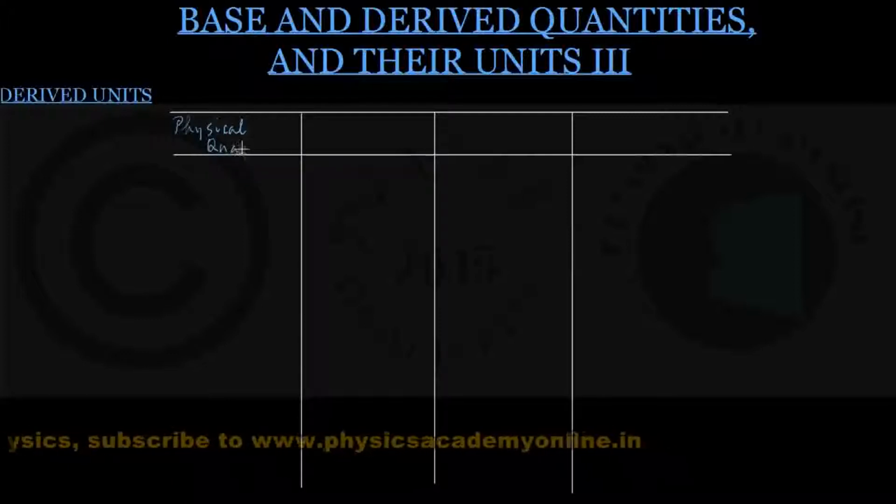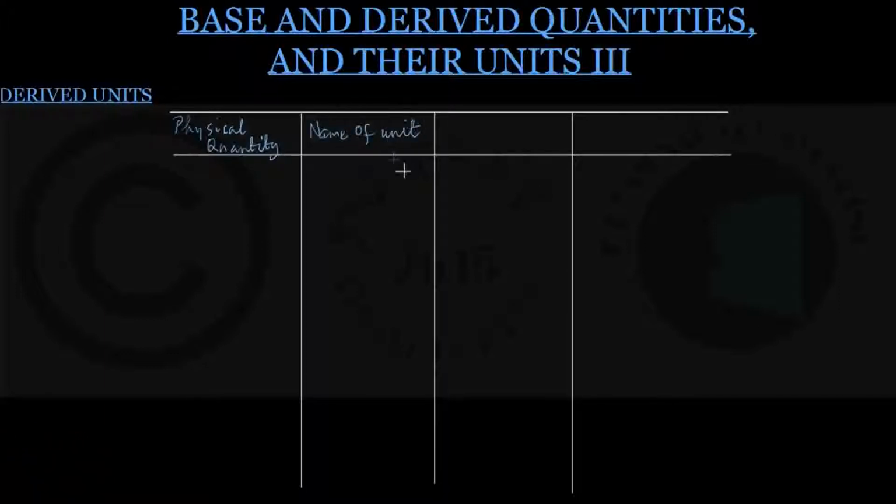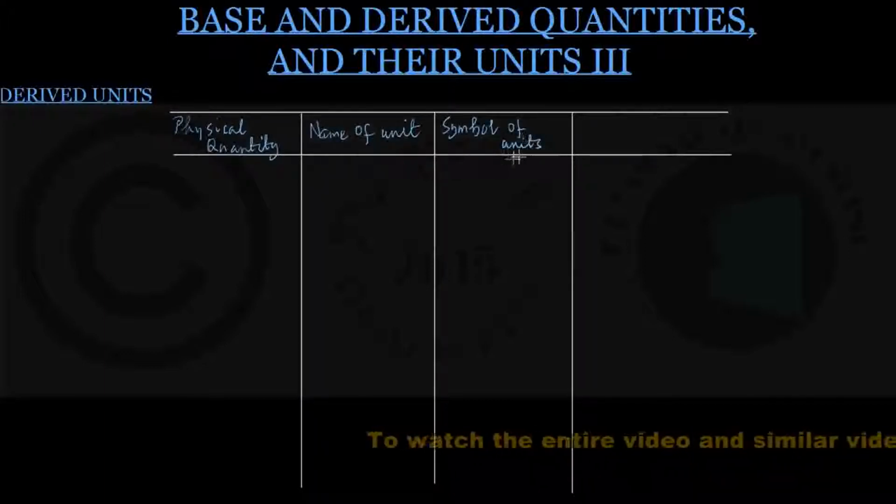We are into derived quantities here. Name of unit. The symbol of unit. Now these 3 column heads coincide with what we had done earlier for base quantities.